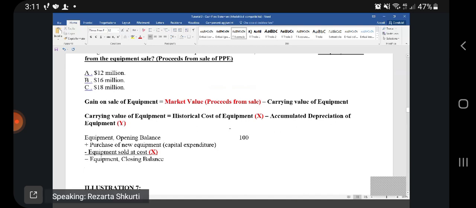X is the unknown figure for the moment. What is the closing balance? Remember, it is 109. So in order to calculate the 6, it is simple, 100 plus 15 less 109.